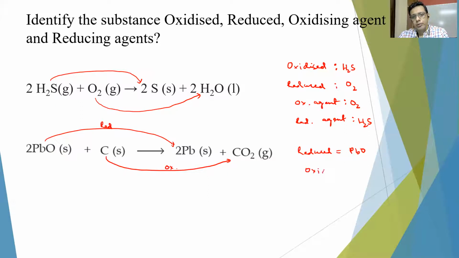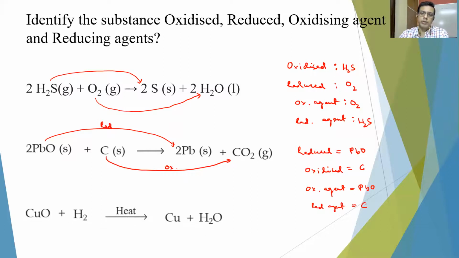Oxidized is carbon. So since lead oxide is reduced, it is the oxidizing agent. And carbon is oxidized, so it is a reducing agent. The substance which is oxidized is the reducing agent and the substance that is reduced is the oxidizing agent.